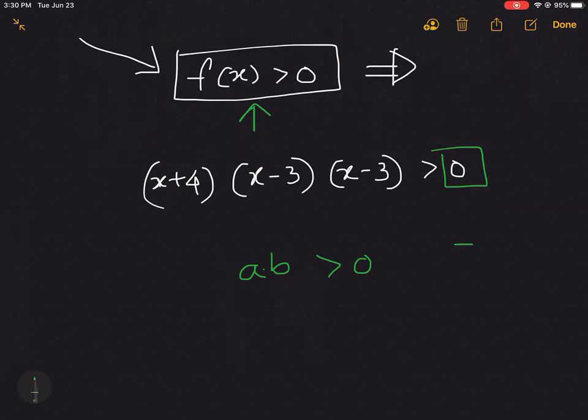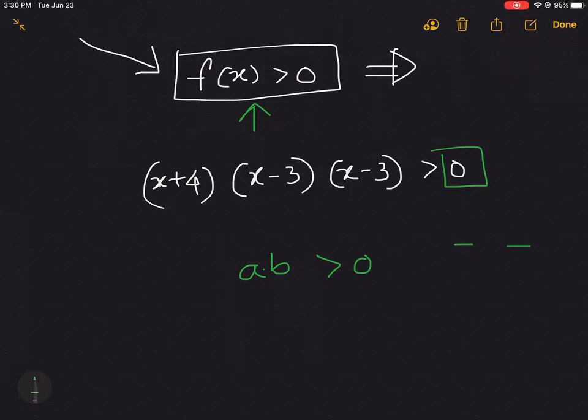Can you see what I'm doing here? Okay, the answer is yes, it could be, only if both of them are negative, right? Do you guys agree with me?